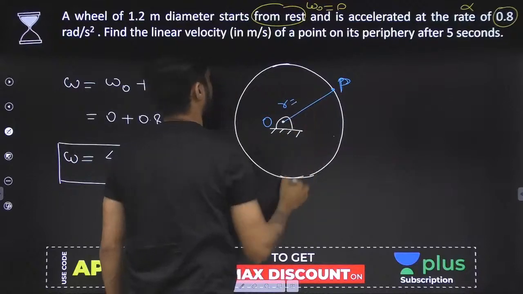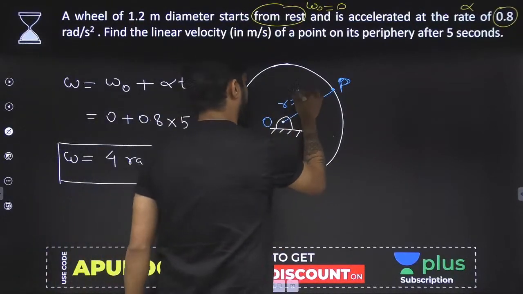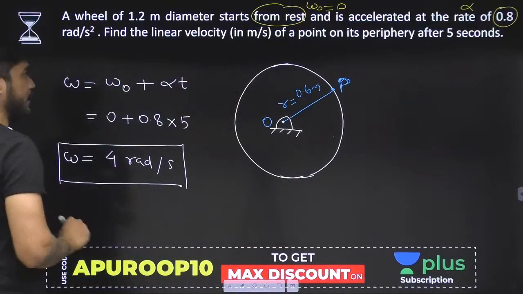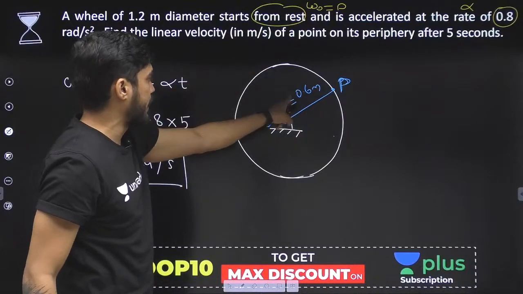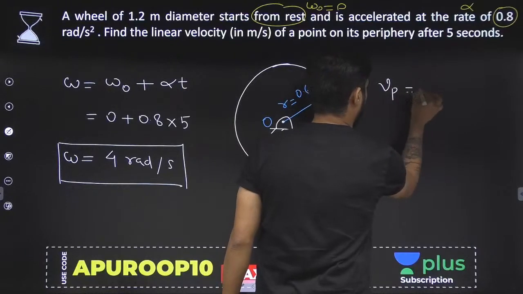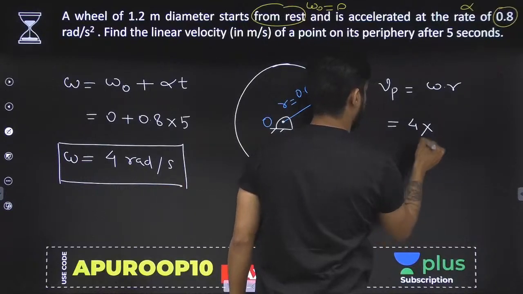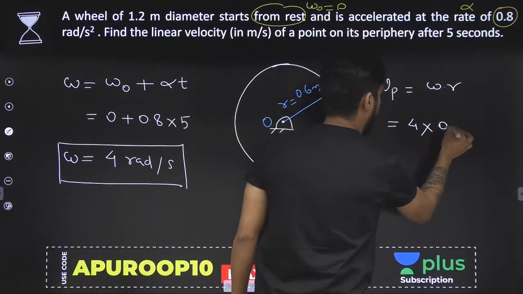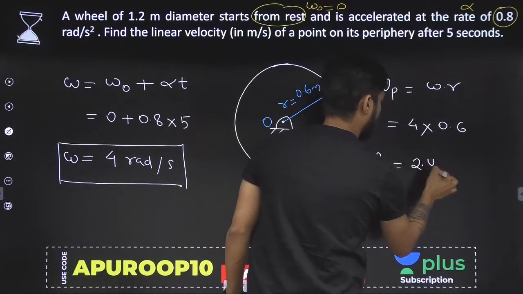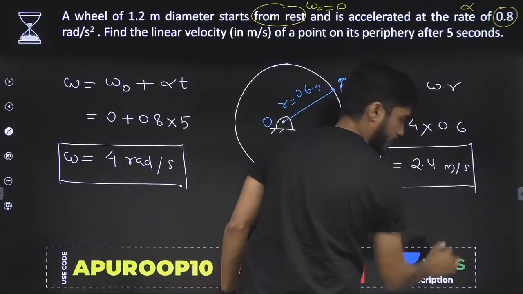The diameter is 1.2 meter, so radius R will be 0.6 meter. You have to put it in meter, because I want velocity in meter per second. Now velocity of P will be omega into R, which is 4 radian per second multiplied by 0.6. So velocity of P will be 2.4 meter per second.